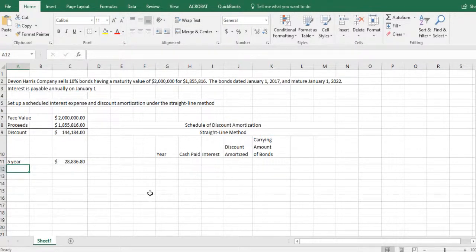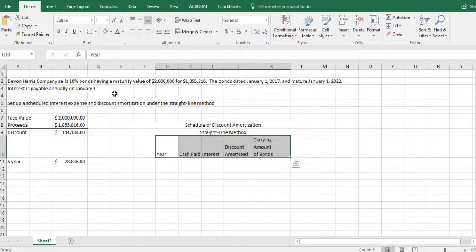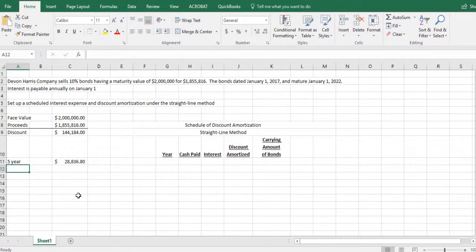So our next consideration is how much we are going to actually be paying out when we make our bond interest payments. This bond is 10% on $2 million.